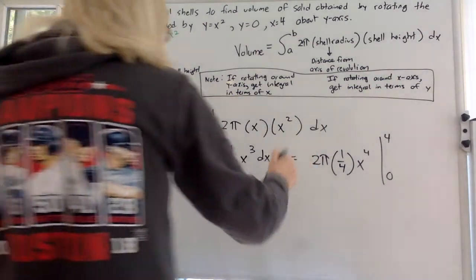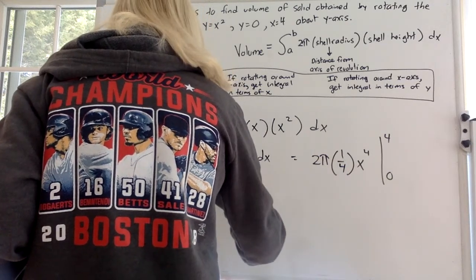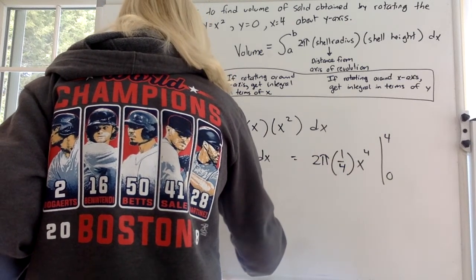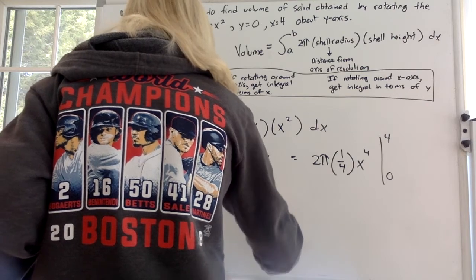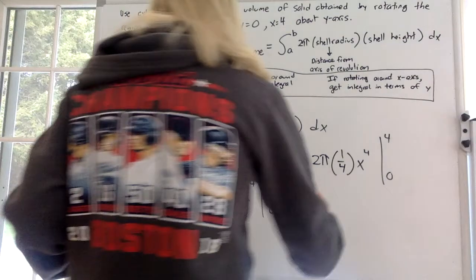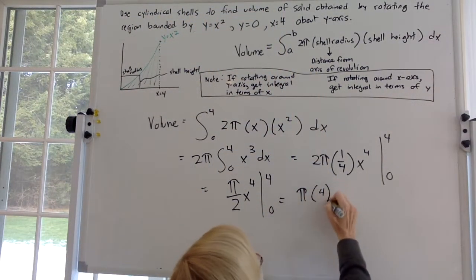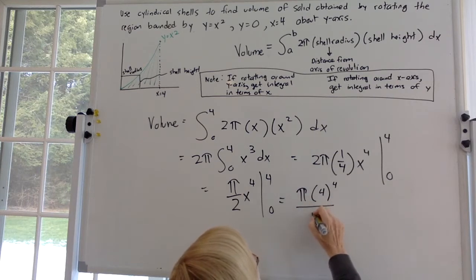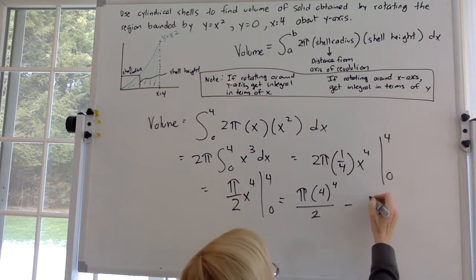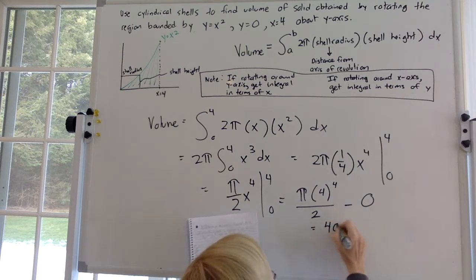The 2 cancels out with a 4, so you end up with just pi over 2 x to the 4th between 4 and 0. So what's that equal? That's equal to pi times 4 to the 4th over 2 minus 0, right? So I think they want it as a decimal, so I carried it out.